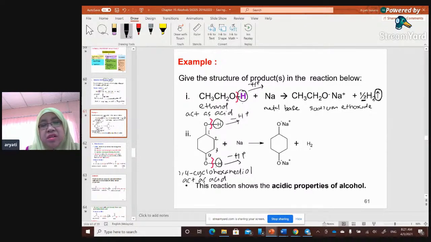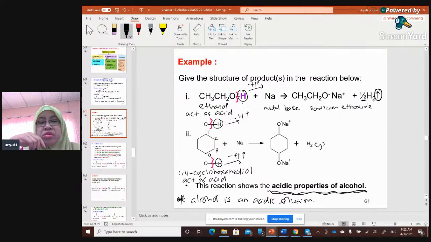This one does not need a half, because hydrogen is H2, the molecular formula. Here H has 1, 2, so put 2 here. This reaction shows the acidic properties of alcohol. So we can conclude that alcohol is acidic, which proves that alcohol behaves as an acid.